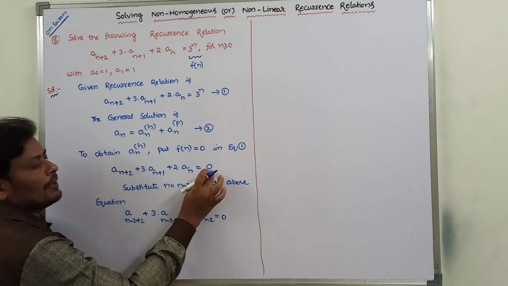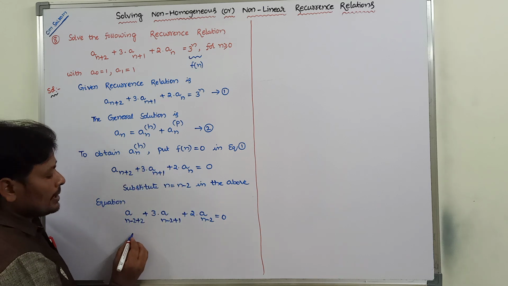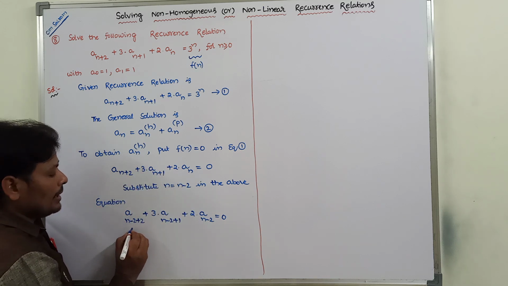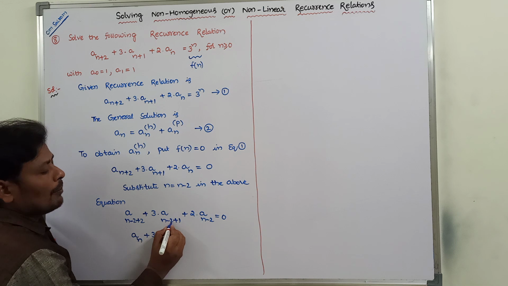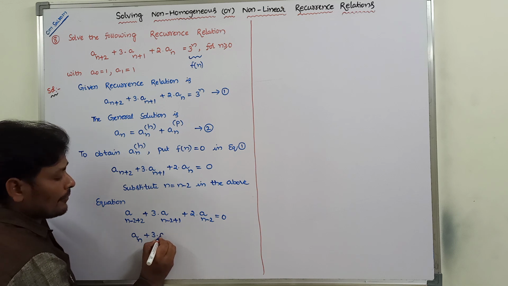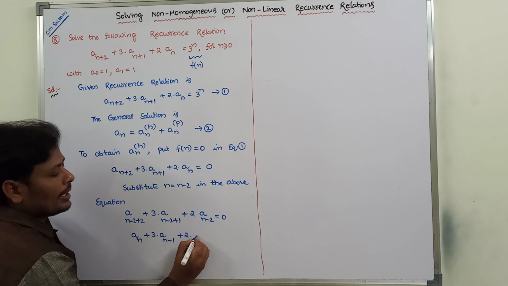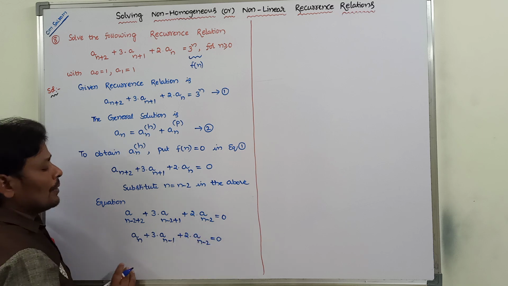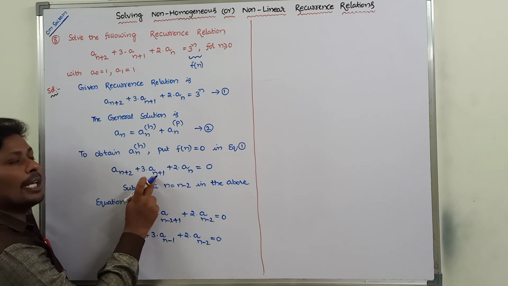In this equation, substitute n is equal to n minus 2. Now what is the recurrence relation we are getting? Minus 2 plus 2 cancel, then we get a suffix n plus 3 into a suffix n minus 1 plus 2 into a suffix n minus 2 is equal to 0.